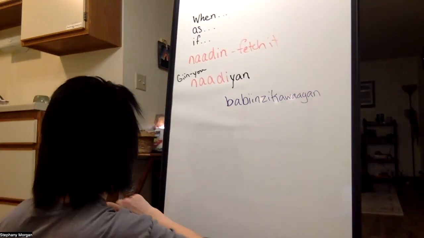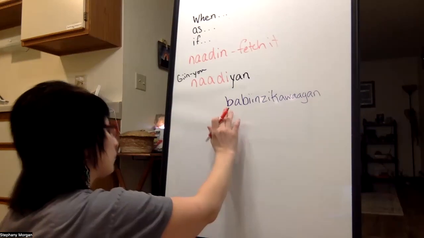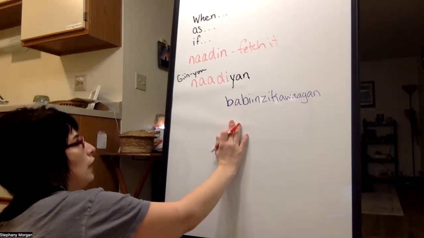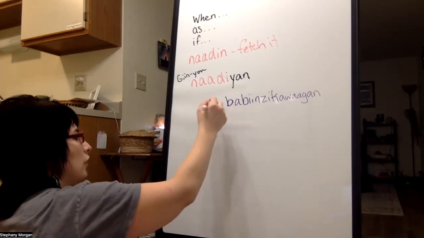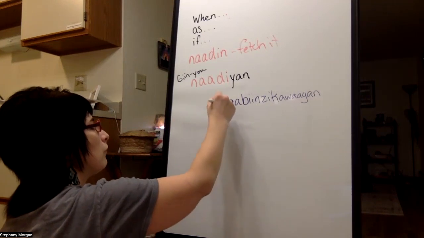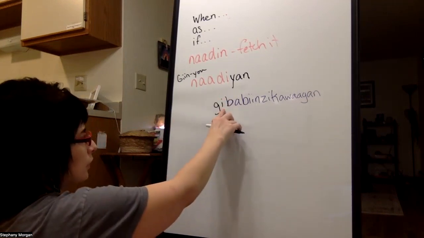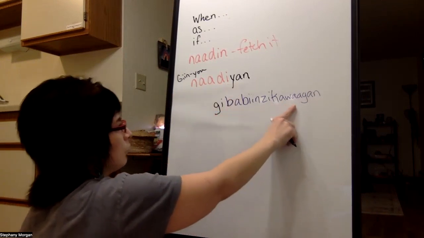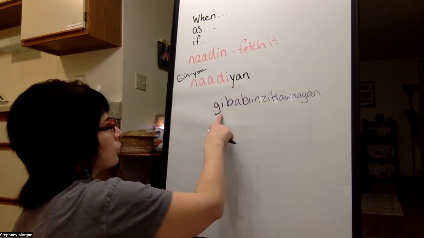So I'll put beans the koagin. And I've heard that quite a bit around here. So Nadian get. It's just a form of gin that you stick onto the front, your coat. Nadian get babinsa koagin when you fetch your coat.